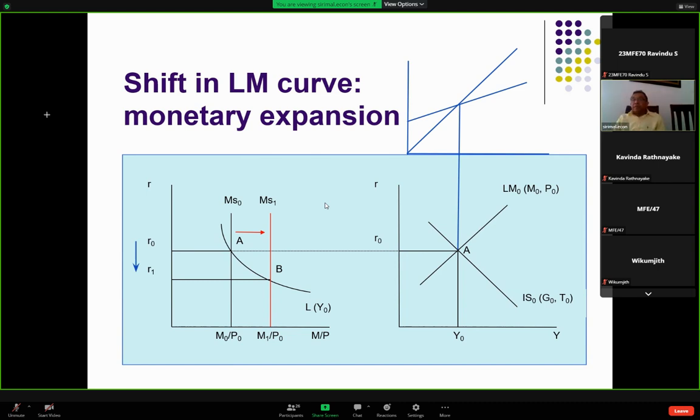If there is excess liquidity, there will be greater demand for bonds, and the prices will go up, the interest rate will go down. So that's why the interest rate went down from R0 to R1, as we move from A to B.